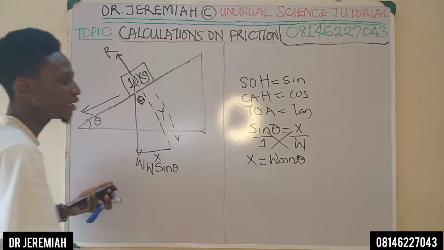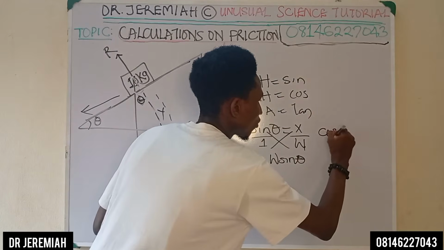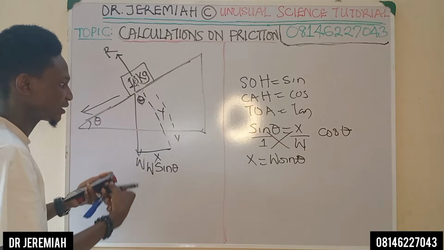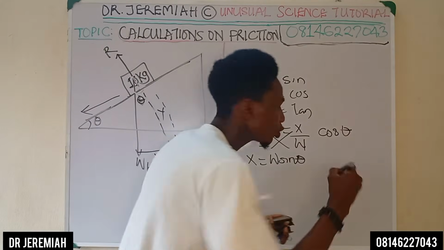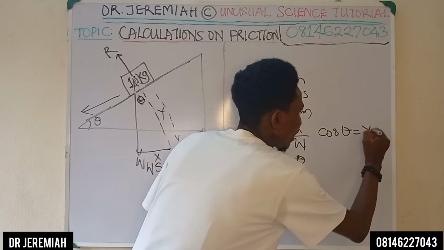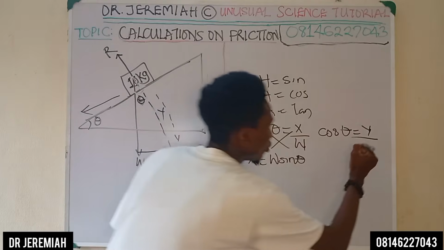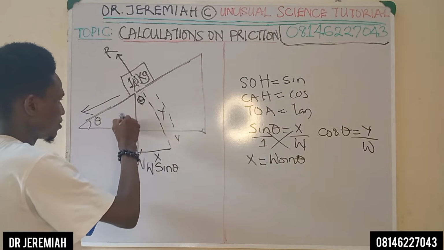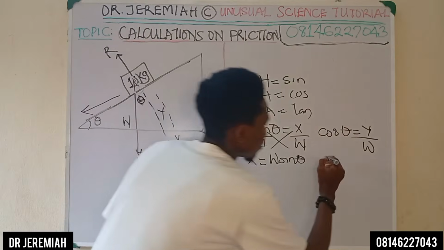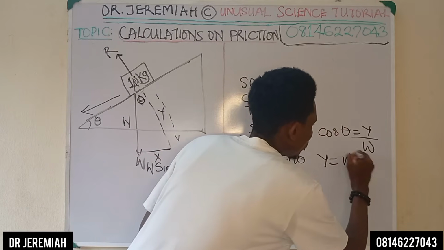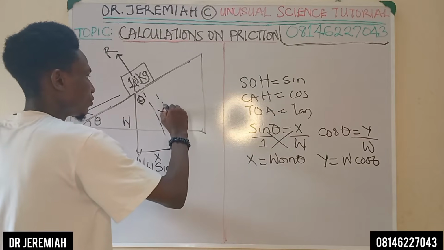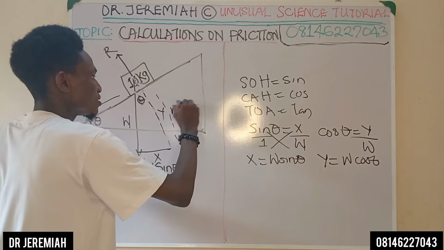Now for this place, we do the same thing. Cos theta, we have this adjacent. So just follow me, cos theta equals y over, what do you have here? Weight. Weight is this place. So I'm going to have y equals W cos theta. So it means this place we have W cos theta.